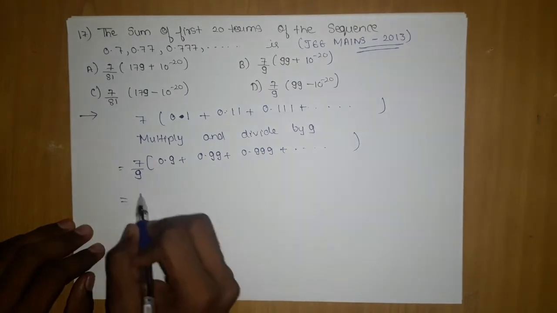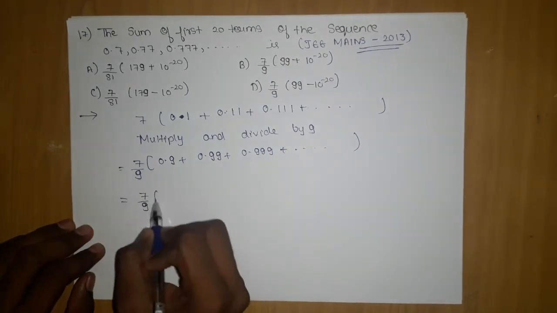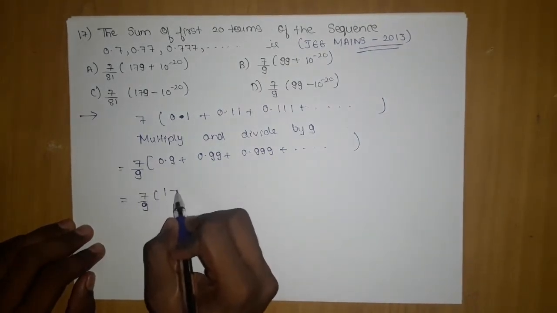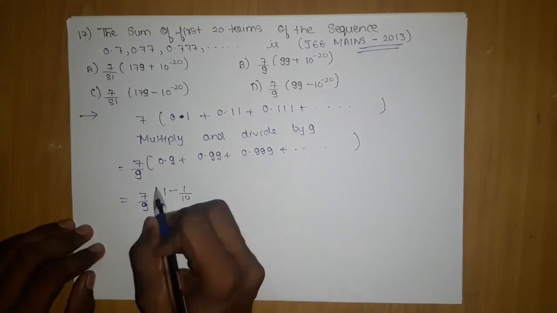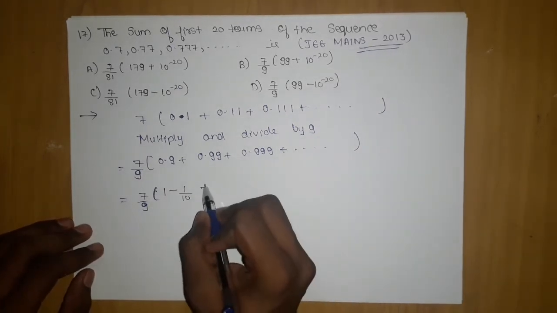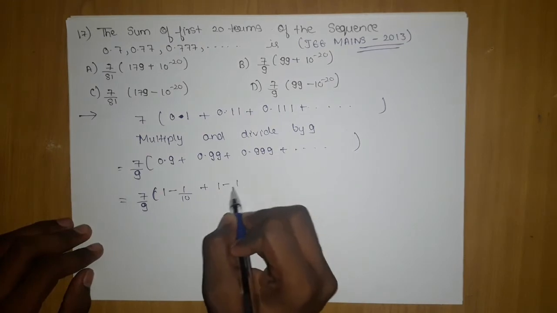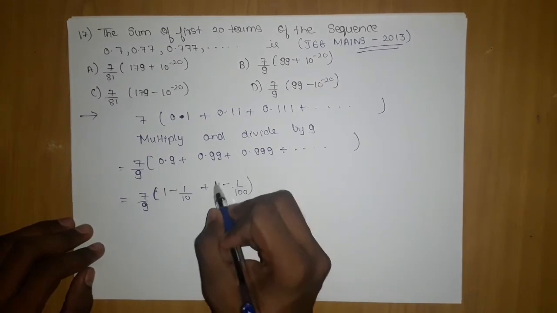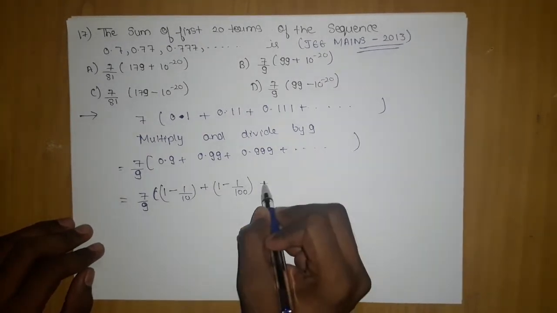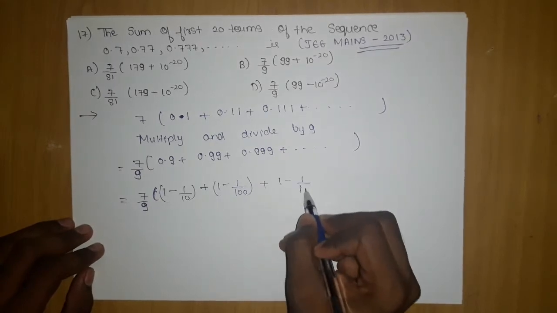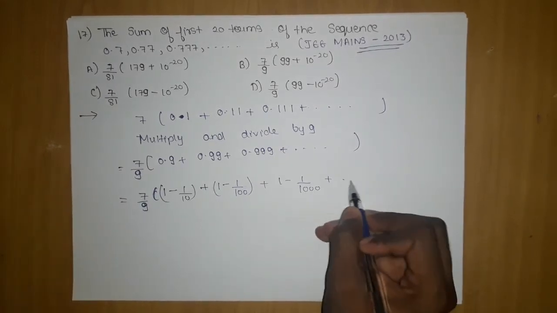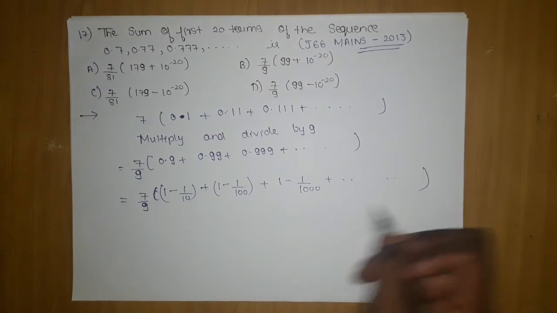Now what you will get, 7 by 9, you can write 0.9 as 1 minus 0.1, that is 1 minus 1 by 10, then 1 minus 1 by 100, 1 minus 1 upon 1000 and so on. This will go on.